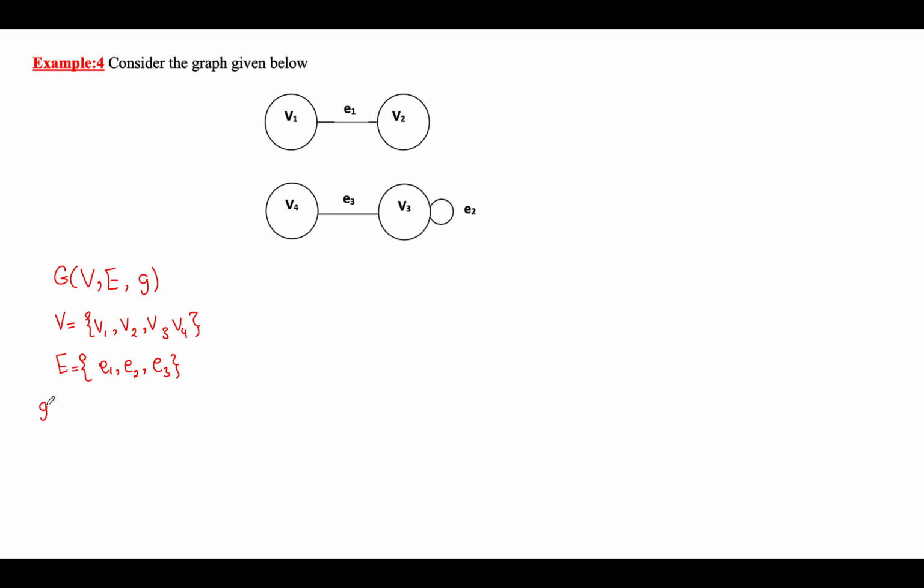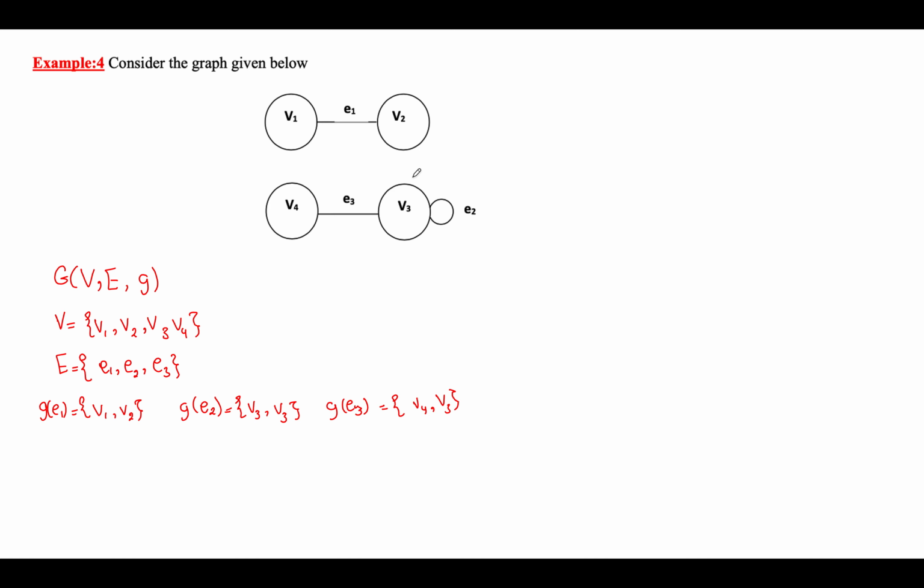Now G, which is the incidence function, is for each edge. So here we got that edge 1 is connecting V1 and V2. Edge 2 is connecting V3 and V3, so we can write it as V3 and V3. And finally, edge 3 is connecting V4 and V3.